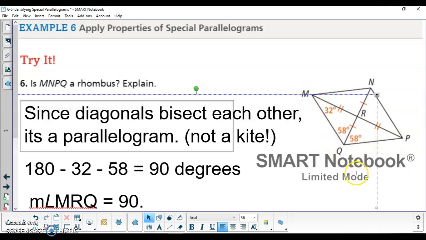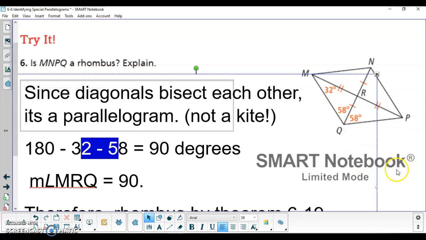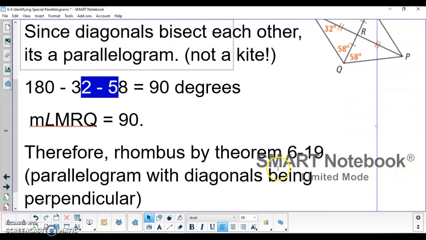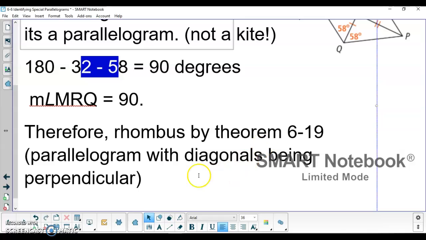The measure of MRQ is equal to 90 degrees, and you get that because you have a triangle here, M, R, and Q. You know two angles, so just subtract from 180, and you get 90 degrees. And by theorem 6.19, it's a rhombus, because diagonals form perpendiculars in a rhombus.